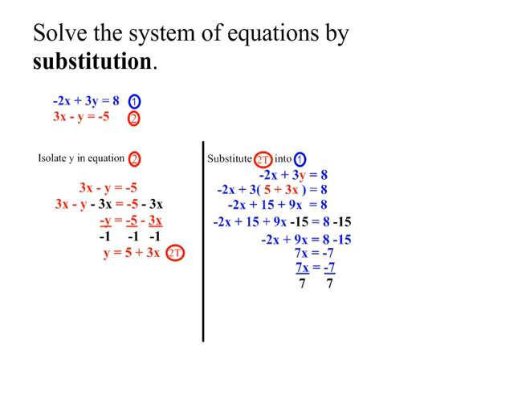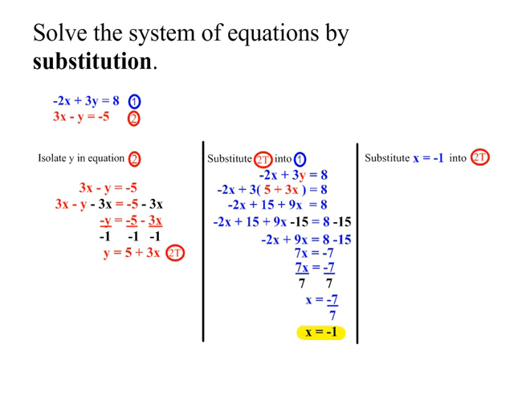That's going to give me 7x is equal to minus 7. I want to isolate the x. That's the goal here. So we divide both sides of the equation by 7. So I'm left with x is equal to minus 7 divided by 7, which is x is equal to minus 1. So we're just going to highlight this. This is part of my answer. We're going to save it for later.